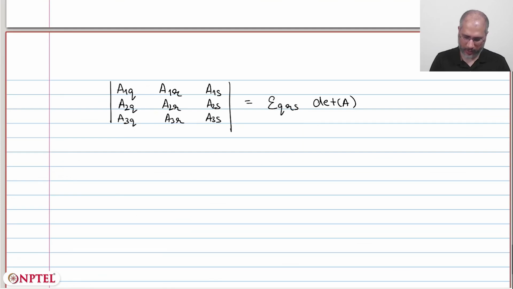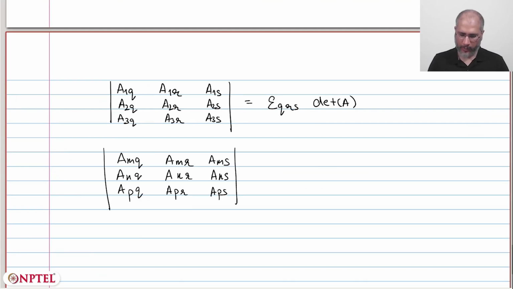So we'll simply write this as, so now we have the first index becoming either an M or an N or a P. On the right hand side, we'll have an epsilon MNP times epsilon QRS times determinant of A.